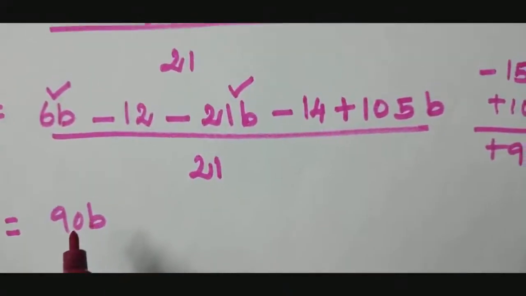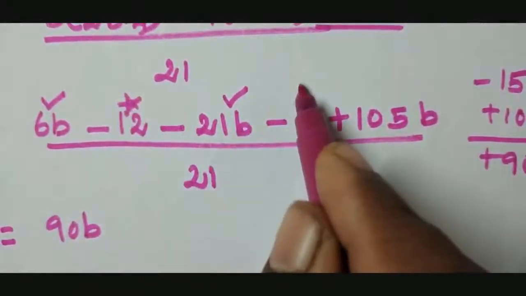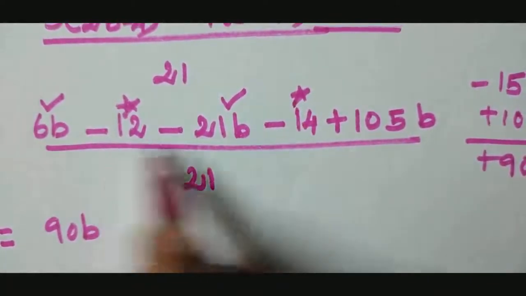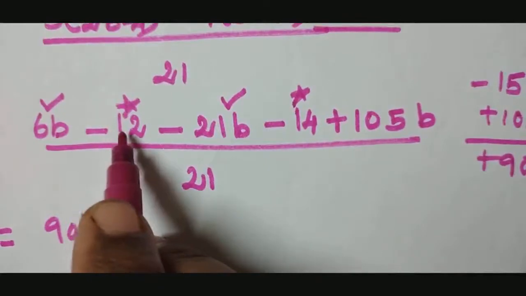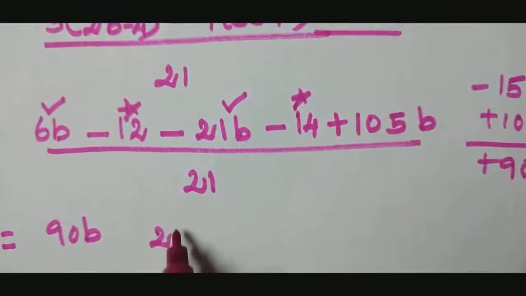Now simplify the constant terms, minus 12 and minus 14. When it is in two same signs, you can add and write the same sign. The sum of 12 and 14 is 26.